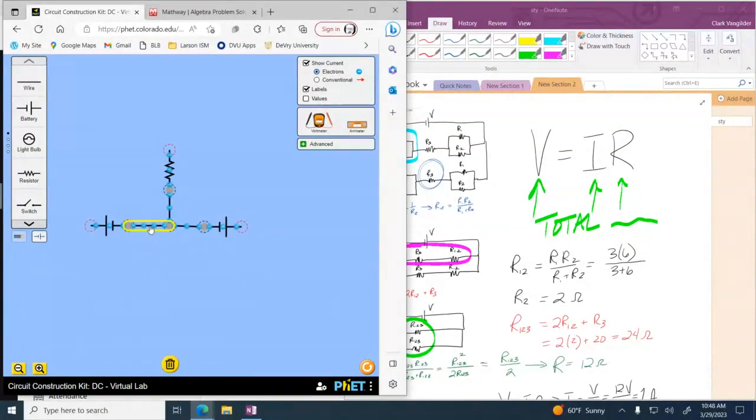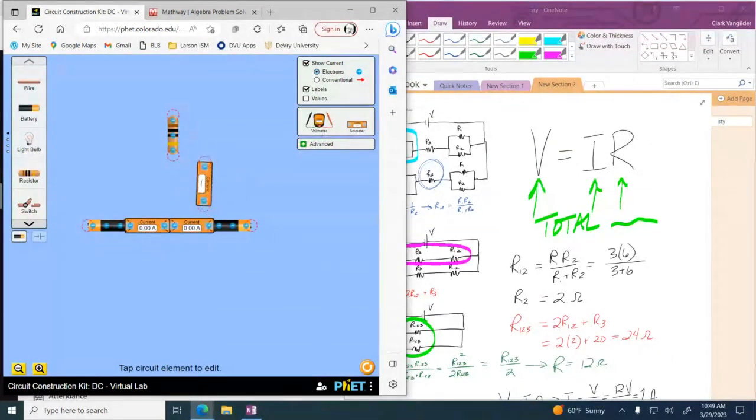So actually I want to put some ammeters in here. So build this circuit. Put one in there too. Wish they had a vertical version already queued up, but they don't.